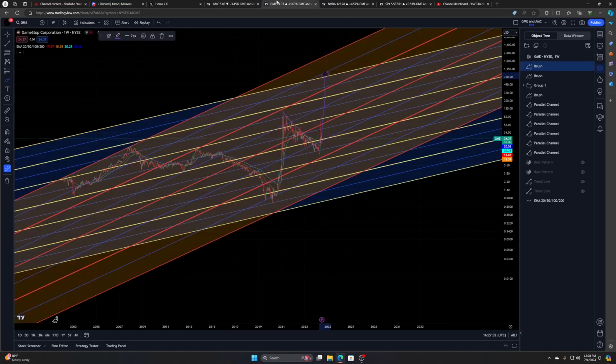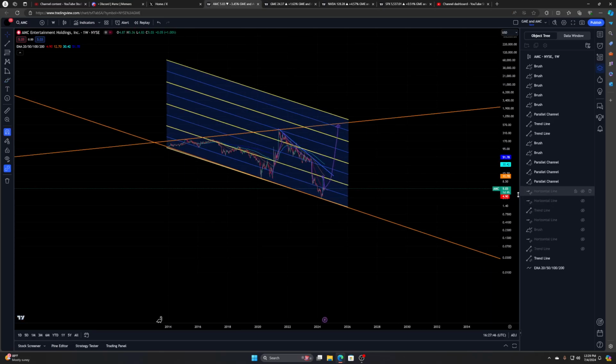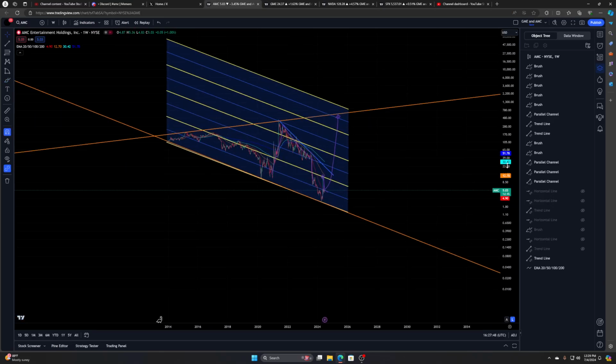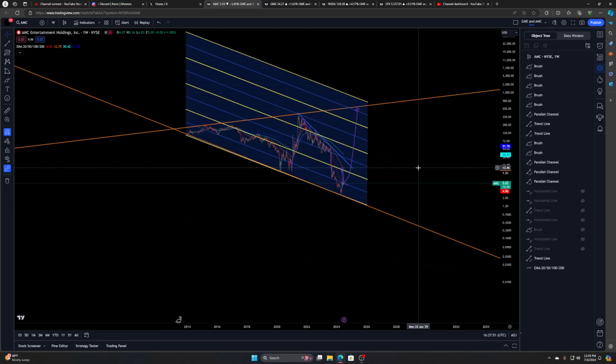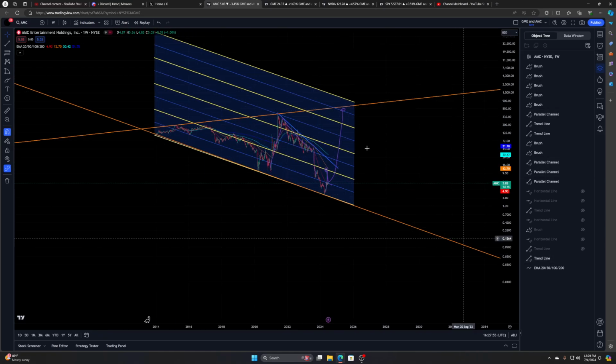People can call us apes, stupid retail investors, dumb money, whatever. This is in the chart and it makes sense, and 1,000% is possible. I'm just going to do my best to keep reporting on it and keep updating you guys, but we're a long ways away from these crazy targets.